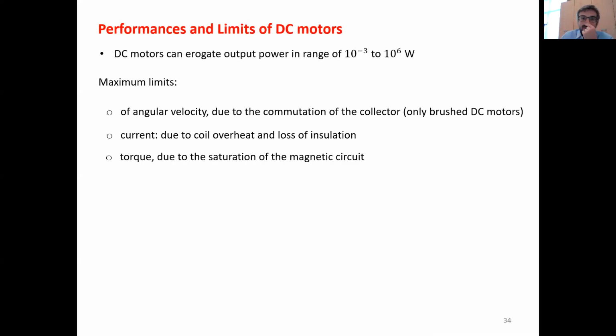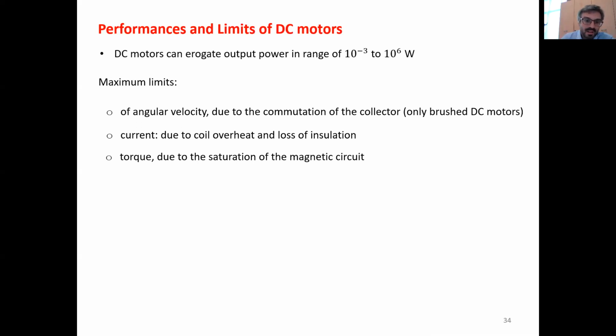And so we have a limit on the current due to this overheating. And also there is a limit on the current, on the torque, because there is a saturation in the magnetic circuit. If you increase the current, after some point you will see that the magnetic field increases and the torque increases, but after some point there is a saturation.